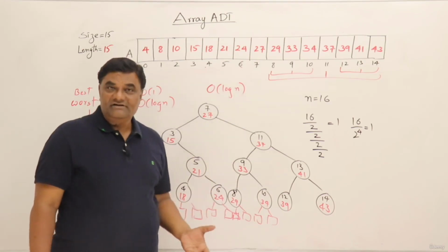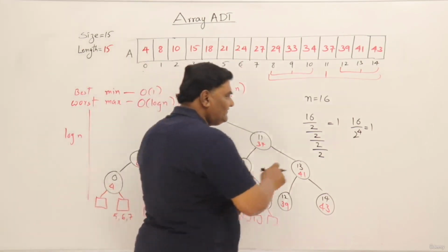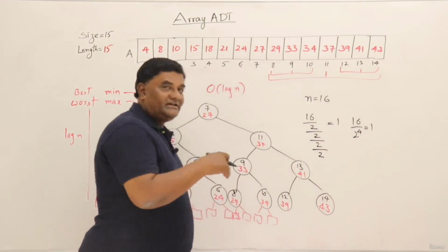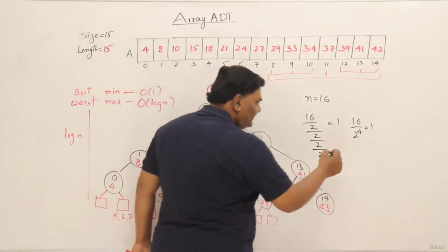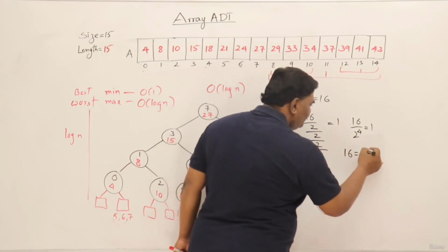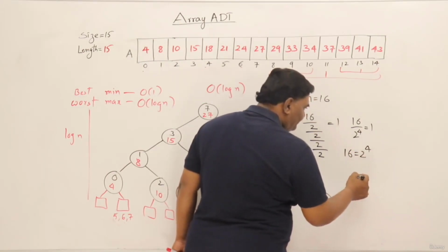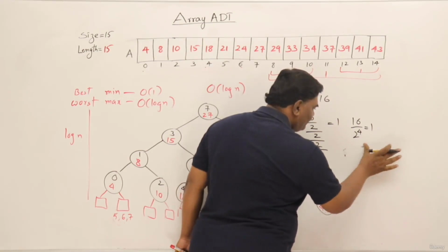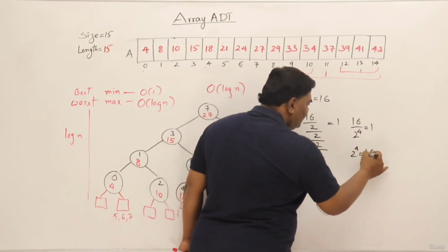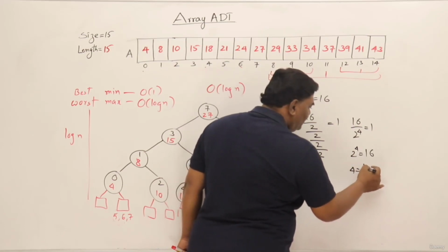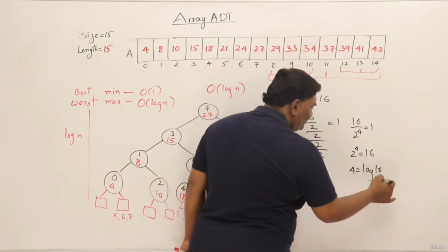So how do you calculate that? 16, how many times should it be divided by 2 to get 1? It's nothing but 16 equals 2 power 4. So 4, this is nothing but 2 power 4 equals 16, and 4 is log 16 base 2.